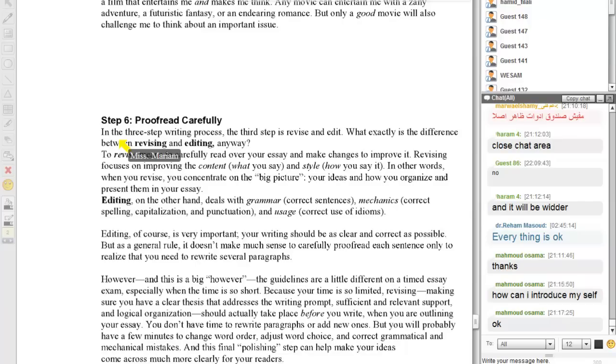It's because you are confused, or you didn't notice, or you were not concentrating on this part. So the editing and revising is very important, because it gives you a chance to get the perfection of the writing.